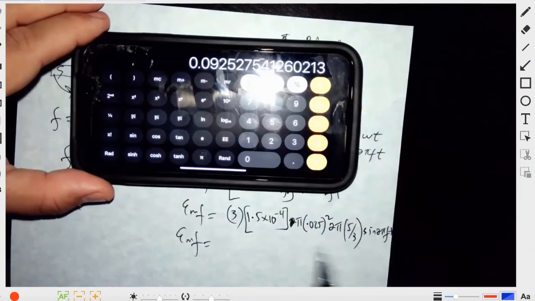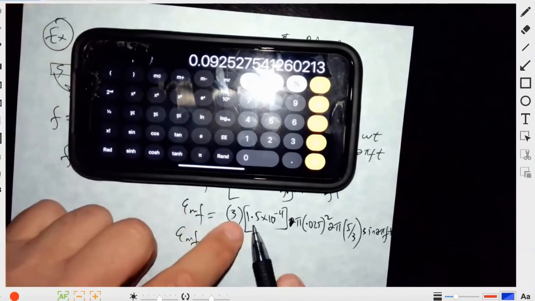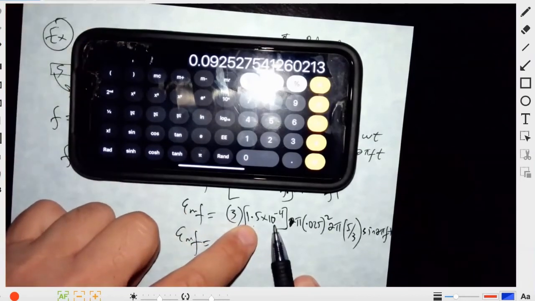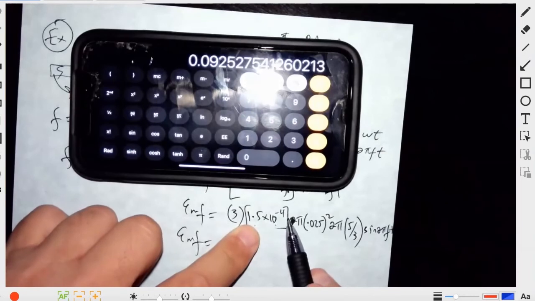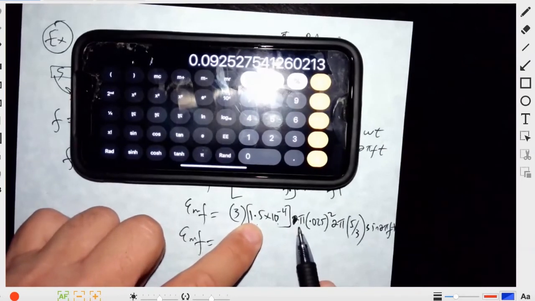It's not that big. I thought it was going to be bigger. 3 times this times 10 to the minus 4 squared times pi.